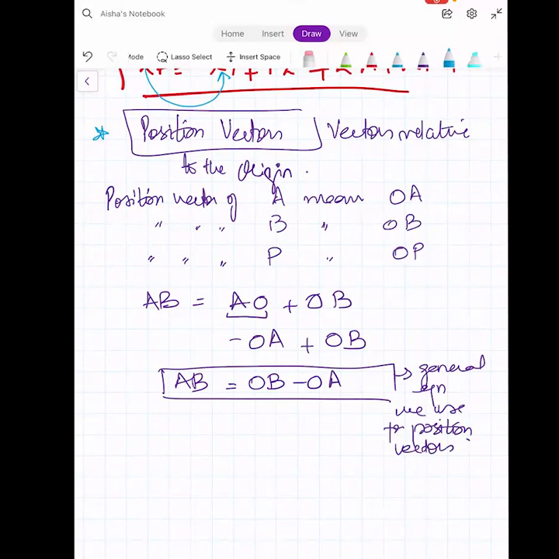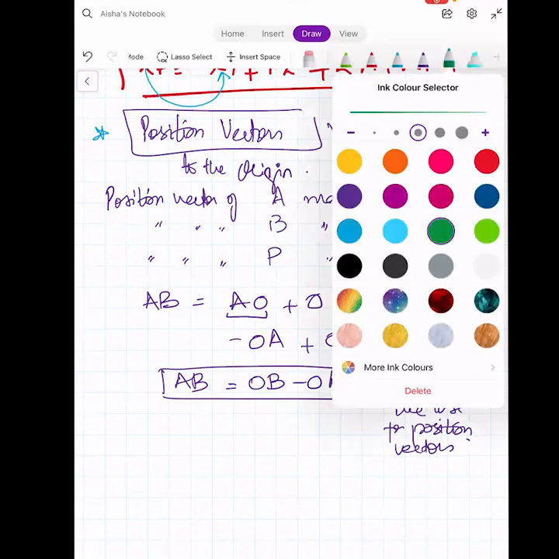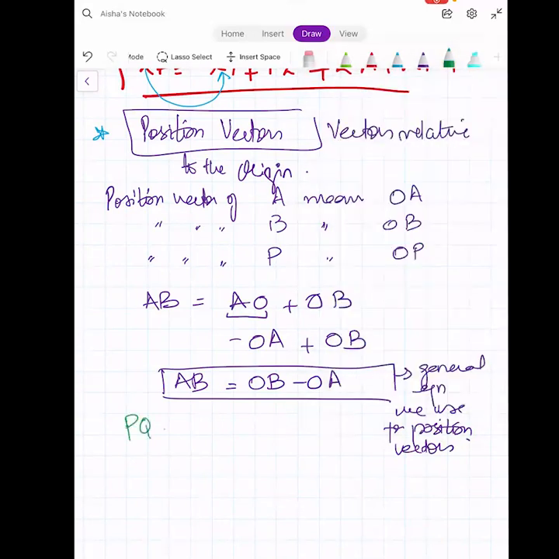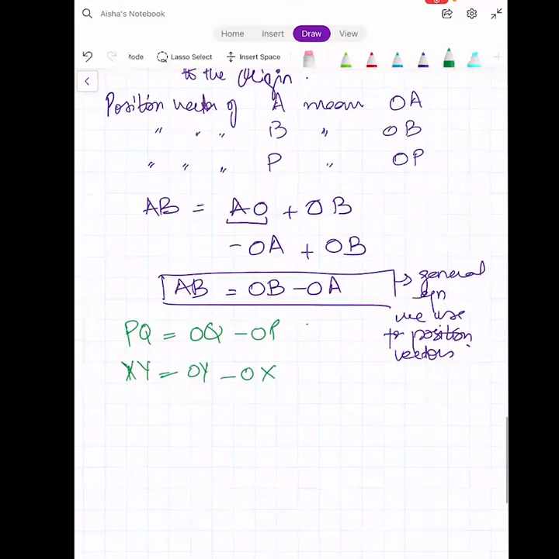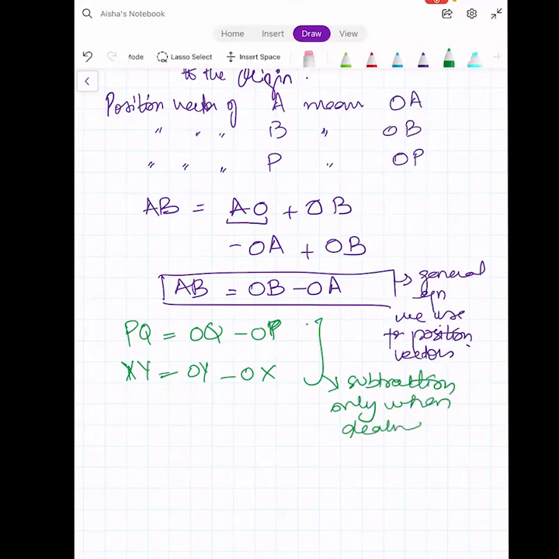Meaning if there's something like PQ, I will write it as OQ minus OP. For PXY, OY minus OX. Subtraction only when dealing with position vectors.